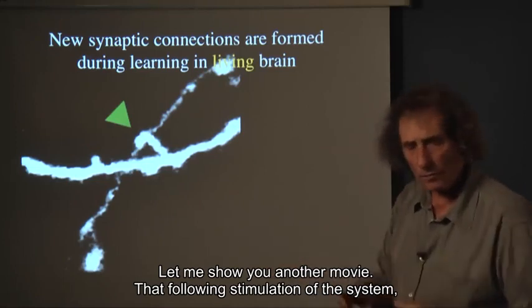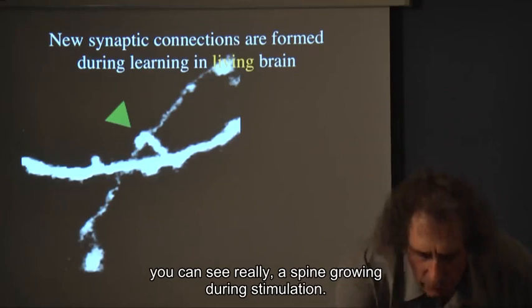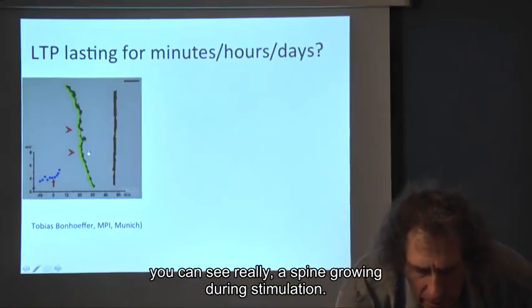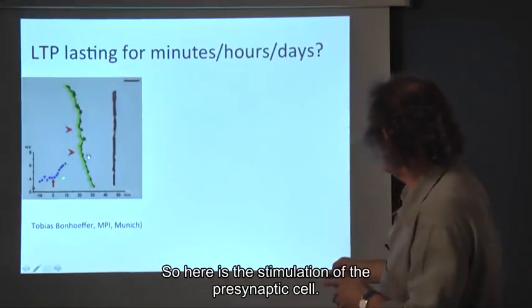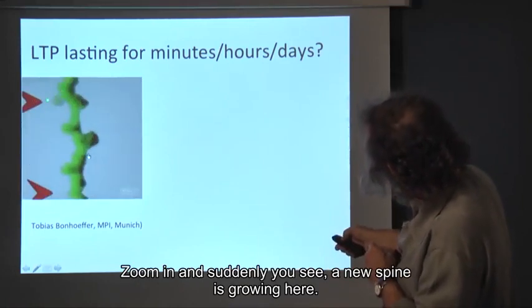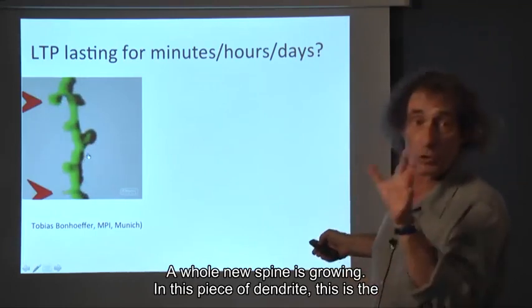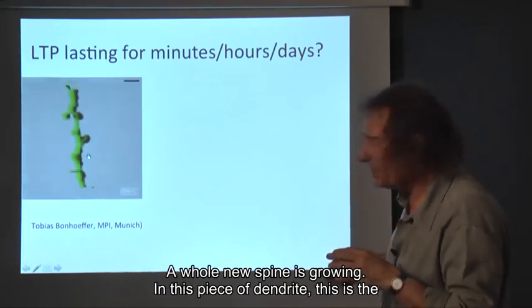Let me show you another movie, where following stimulation of the system, you can see really a spine growing during stimulation. So here is the stimulation of the presynaptic cell. Zoom in, and suddenly you see a new spine is growing here. A whole new spine is growing in this piece of dendrite.